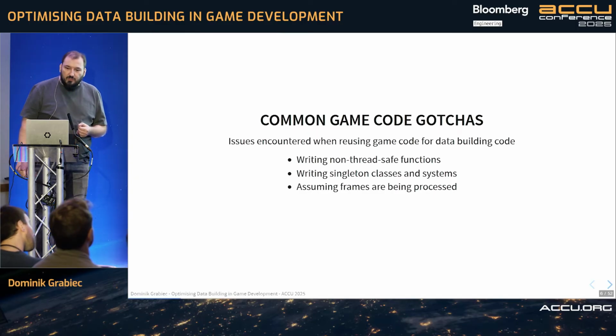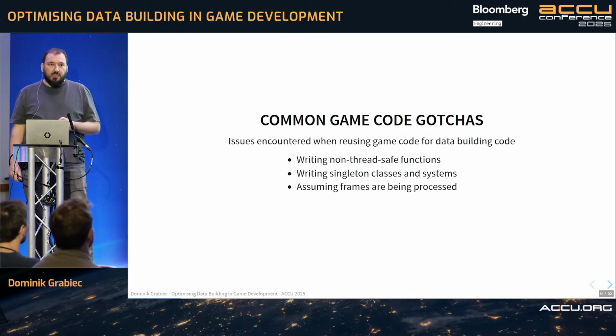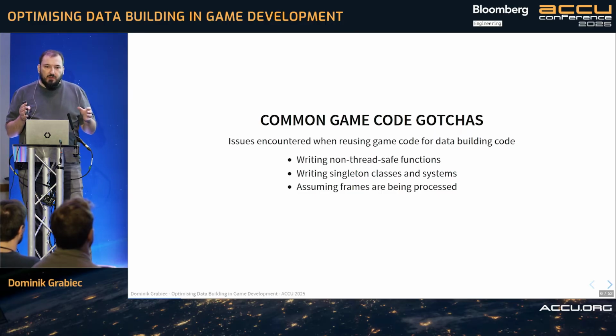The next assumption, which is more game-centric, is assuming that frame processing is actually happening. One of the little things you do in game development is you often have arena allocators or frame buffers, little bits of memory where you can allocate, and the allocations only live for the current frame or 2 or 3 frames.